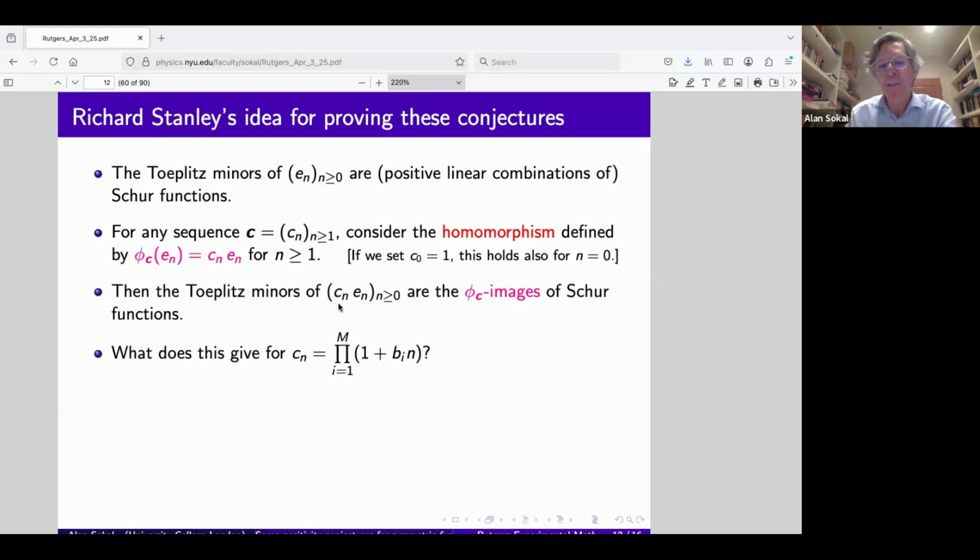And of course, that won't be true for arbitrary C_n's, but one hopes that it will be true for the C_n's of the kind that I want, 1 plus B_i n. Notice I put 1 plus B_i n because I said I want C_0 equal to 1. So if I want C_n to be a product of 1 plus B_i n's, then what I hope is that the images of Schur functions under this homomorphism will be monomial non-negative.